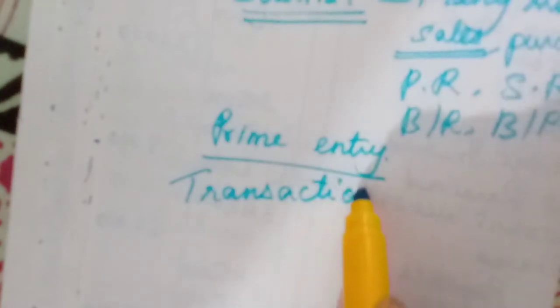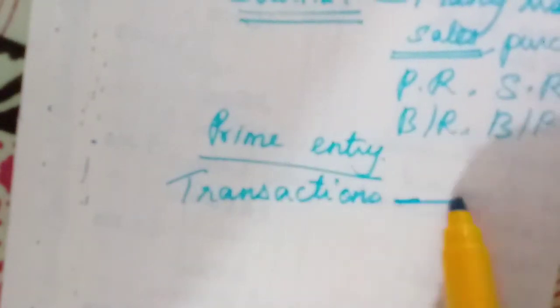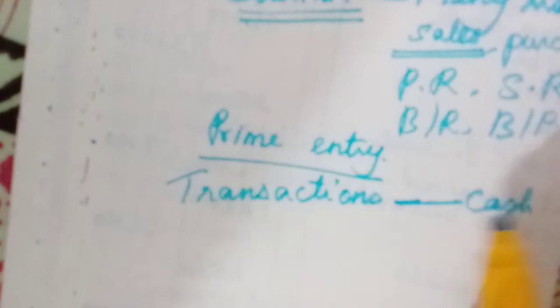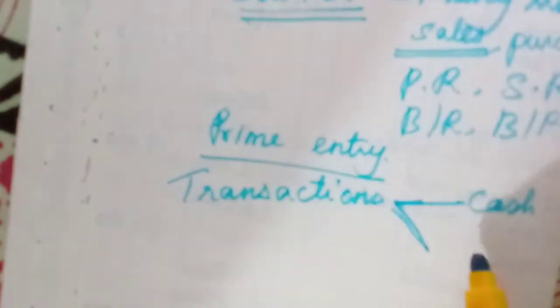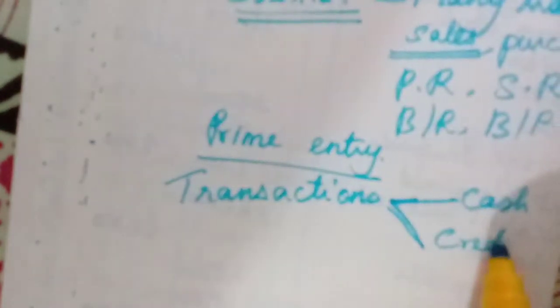All these terminologies in accounting, we learned in the very first lesson. There we learned the transactions. We know very well the transactions. Transactions are divided into 2: one is cash transactions, the other is credit transactions.